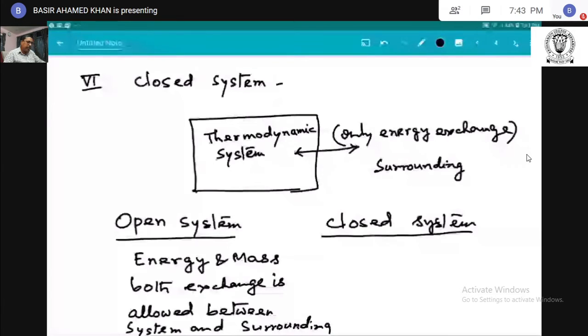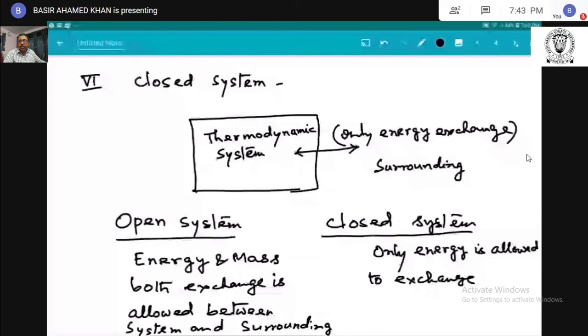Surrounding. But in a closed system, only energy is allowed to exchange between the thermodynamic system and the surrounding.